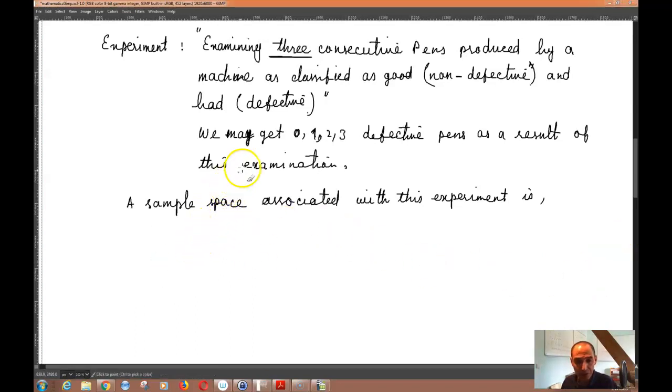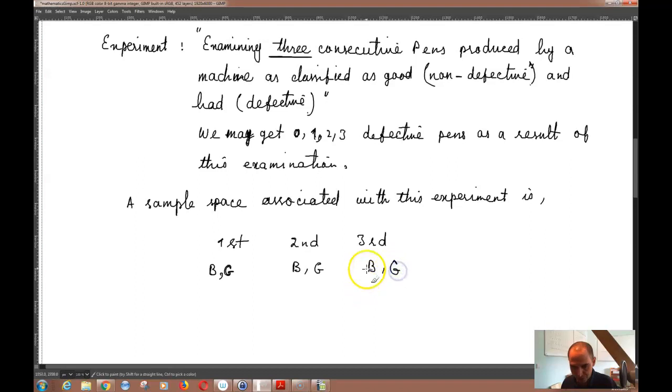So you have 3 consecutive pens, meaning the first pen, the second pen, and the third pen. In the first pen you may get a bad one or a good one. The second pen, you may get a bad one or a good one. The third pen, you may get a bad one or a good one.